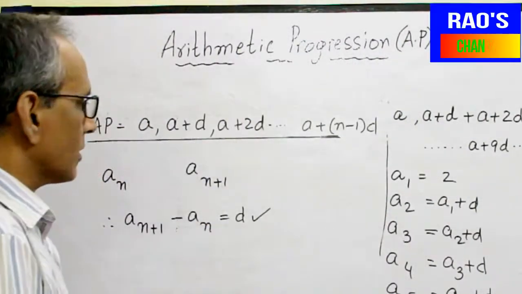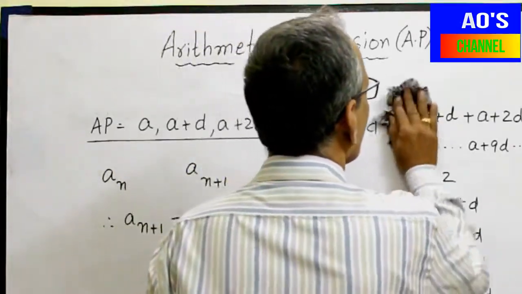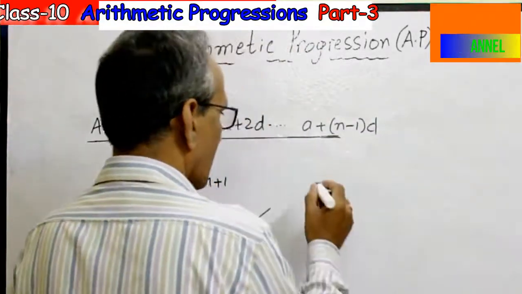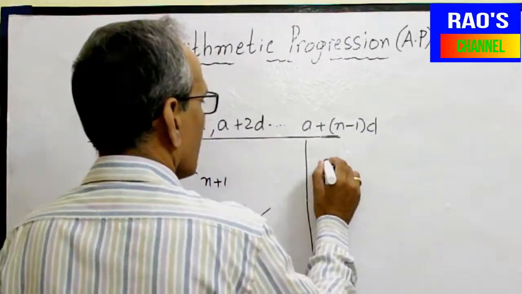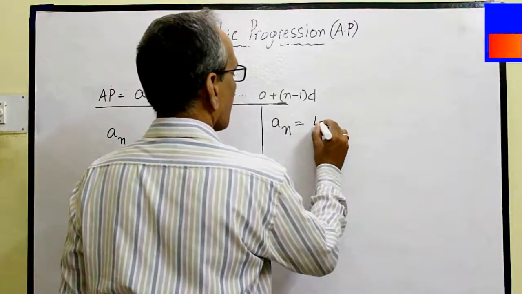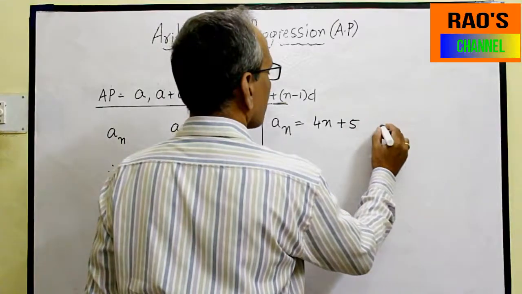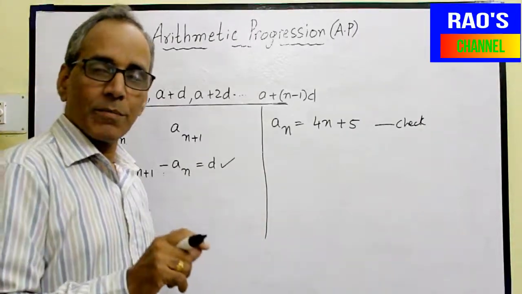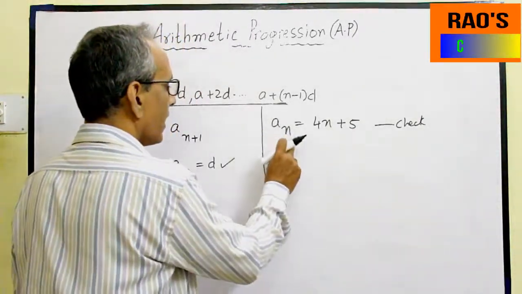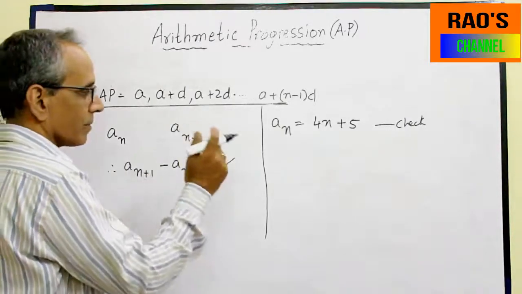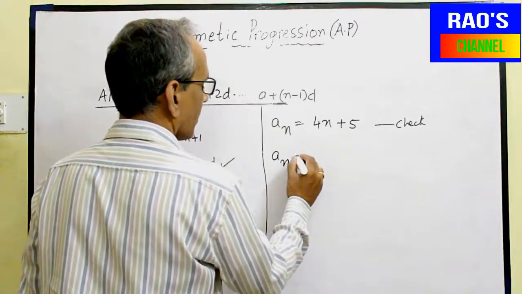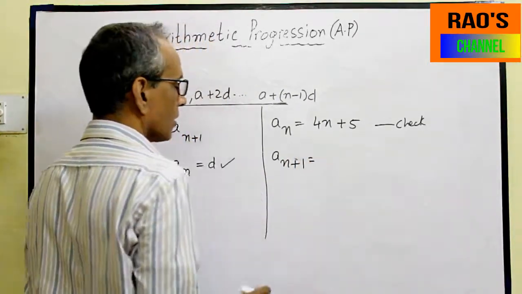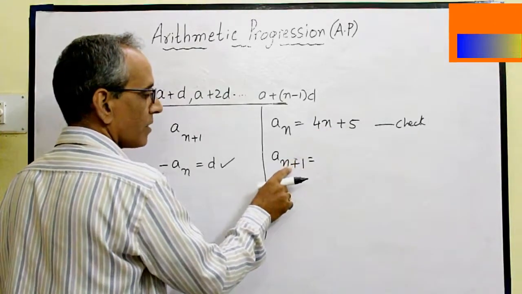Let's work on one question based on this rule. Suppose you are given an is equal to 4n plus 5. You have to check whether this is a term of AP or not. Okay, you are given an. Let's find an plus 1. So an plus 1 is equal to, now substitute n plus 1 in the place of n.